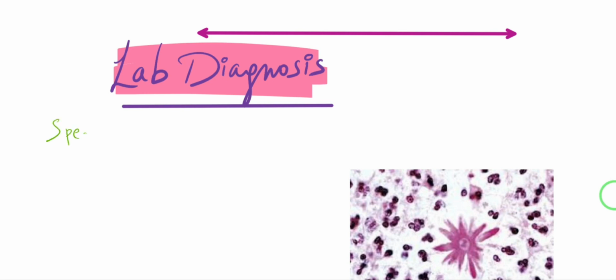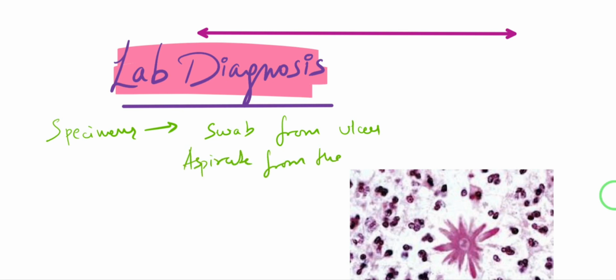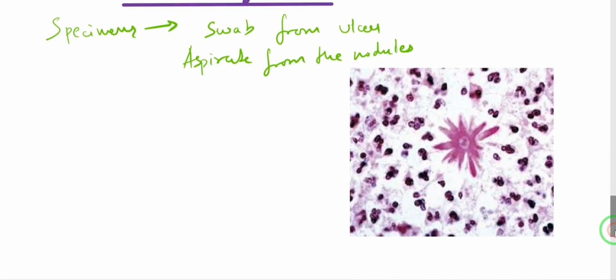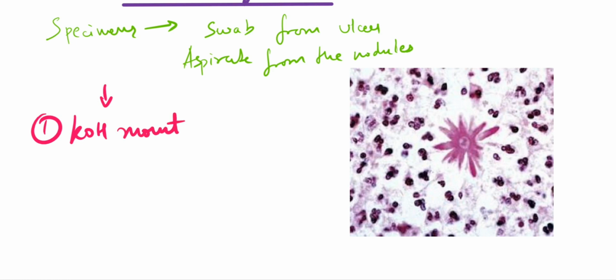The specimens that we are going to collect are the swab from the ulcer, or we can take the aspirate from the nodules. After we have taken the specimens, we can go for KOH mount, and we can also go for the calcofluor white stain.